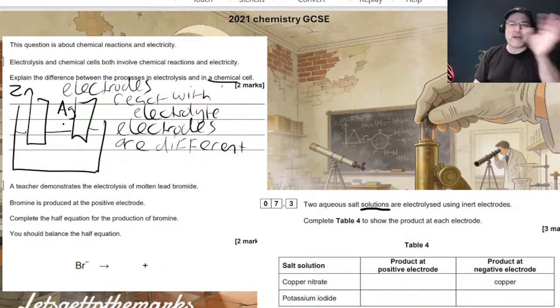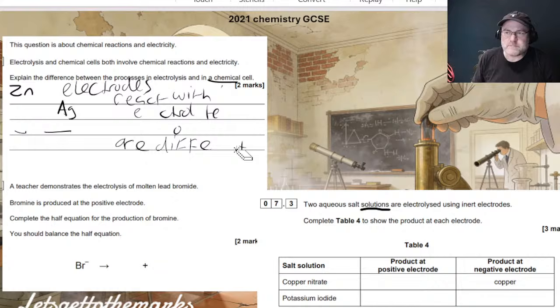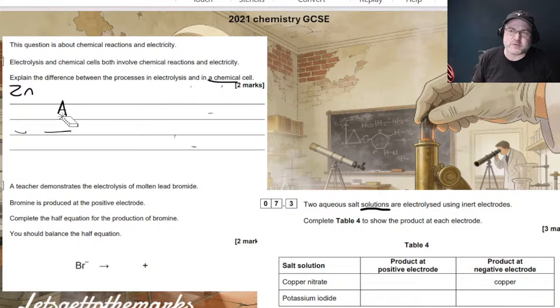So the electrodes react with the electrolyte, and they are not inert. They're different metals, and the electrodes are both made of metal. Anyway, this produces voltage. This is a battery. So you're not doing it to split a compound, you're doing it to produce voltage.